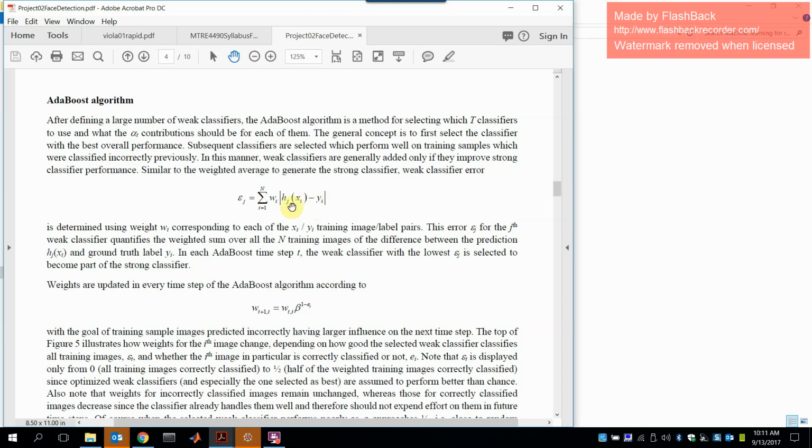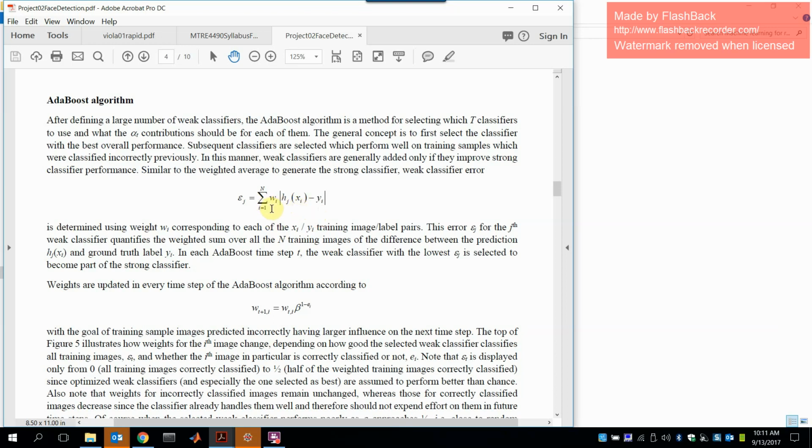The difference between them is its error. We take an absolute value so that we don't get negatives. It's either going to be 1 or 0, because the h's and the y's can only be 1 or 0. So it's either 0, did I get it correct, or 1, did I get it wrong? This is an error measurement, and I take the absolute value just so there are no negative ones.